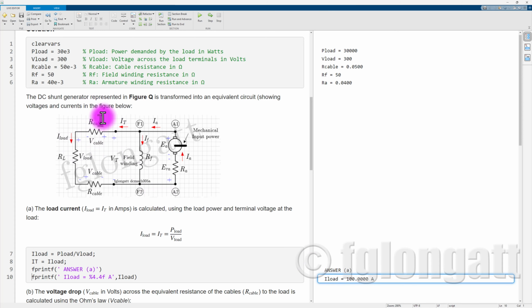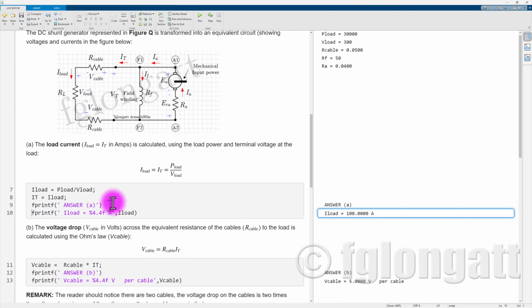Now what I will do is calculate the voltage drop across one of those cables, and to do that, what we need to do is basically use Ohm's law. Ohm's law says that the resistance multiplied by the current will be the voltage drop across this cable.